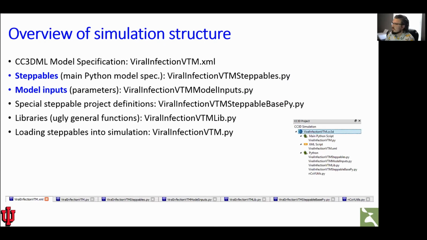So this is a bit of a review for those of you who were with us last time. The simulation files for the viral infection simulation framework are all named with this convention of what we call viral infection VTM, which is virtual tissue model.